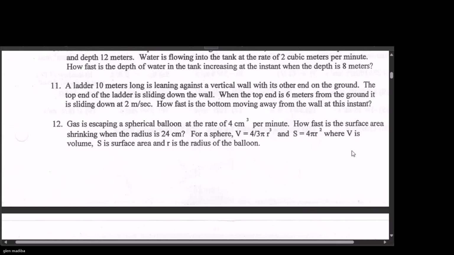Because when you get the derivative formula for the surface area, both volume and surface area have r in their formulae. So that's how they get related, which is why we end up with a dr dt in the volume formula and a dr dt in the surface area formula. Obviously they're derivative formulas. Is it making sense, or are some still confused?